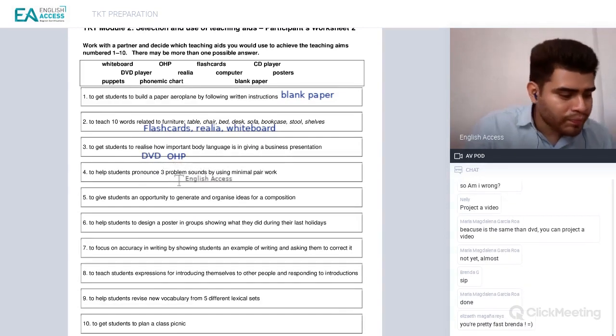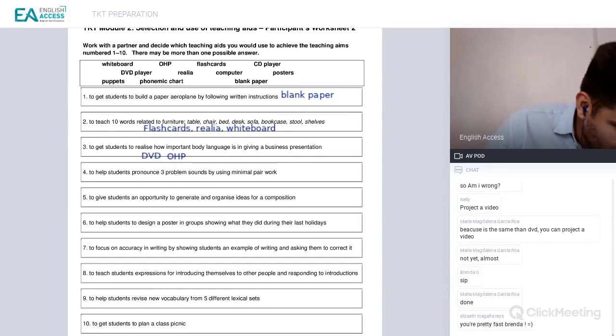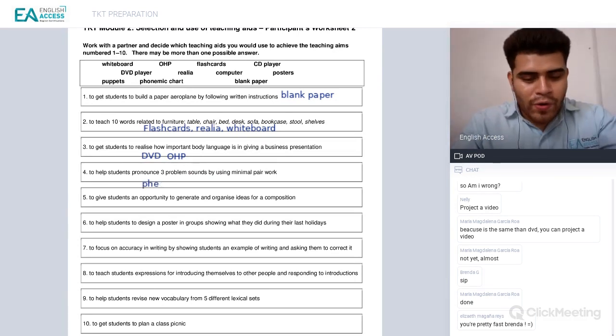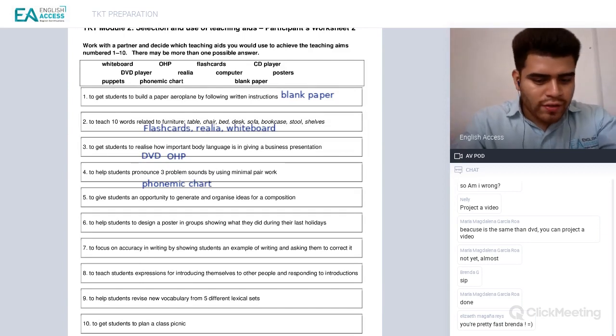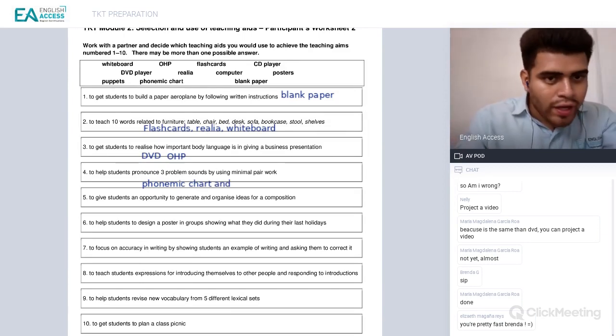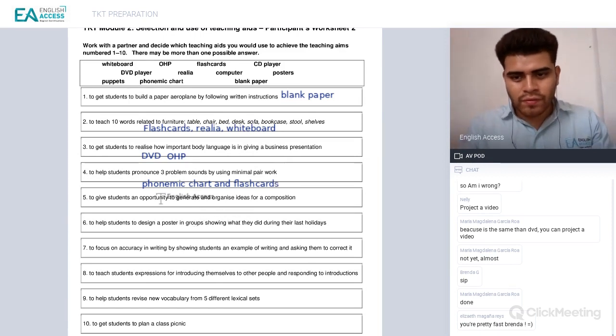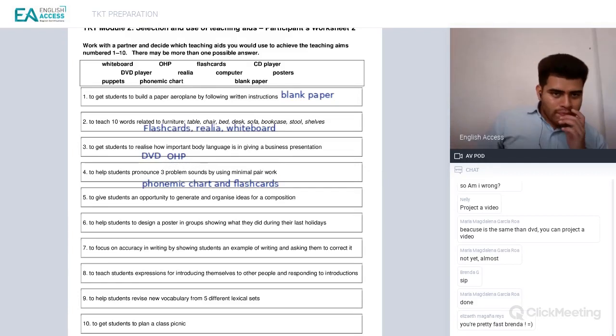Number 4, my TKT answer sheet says phonemic chart and flashcards. Do you have anything different than that?